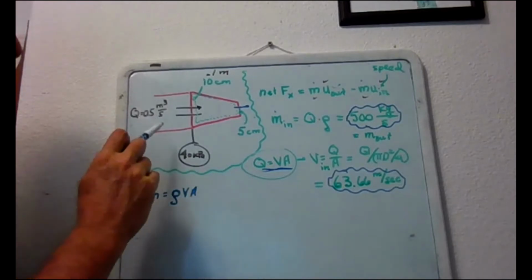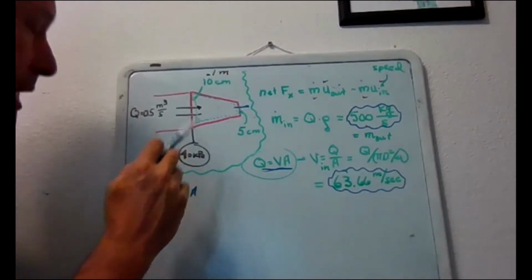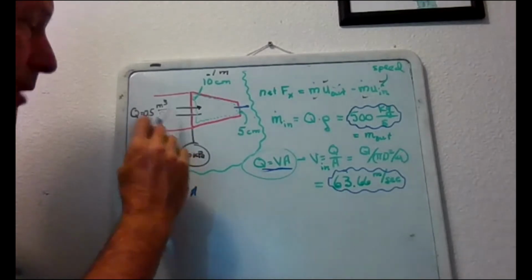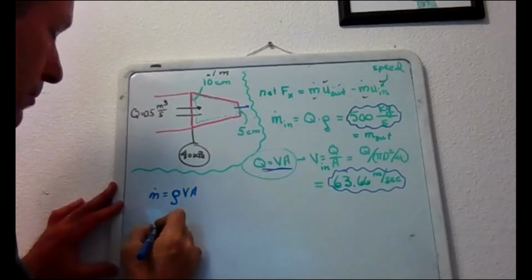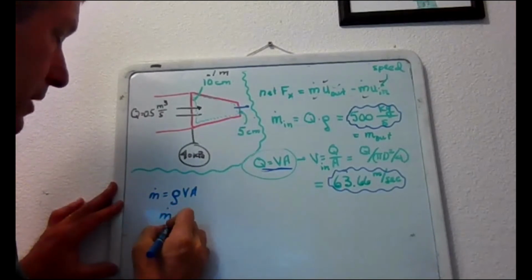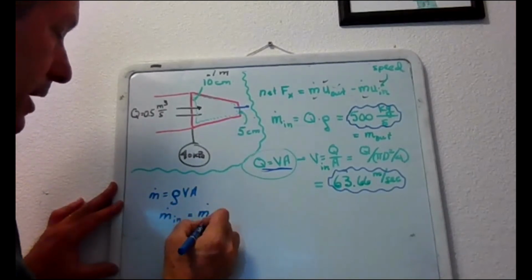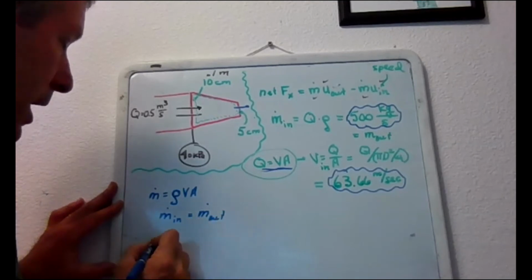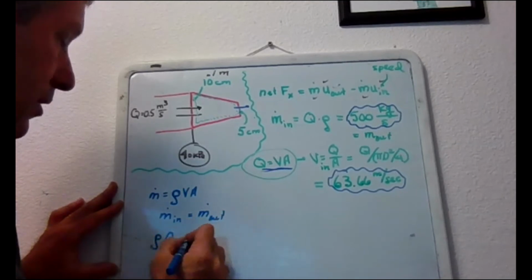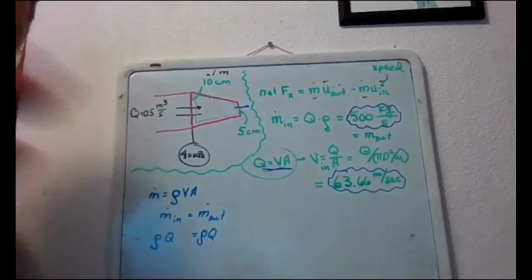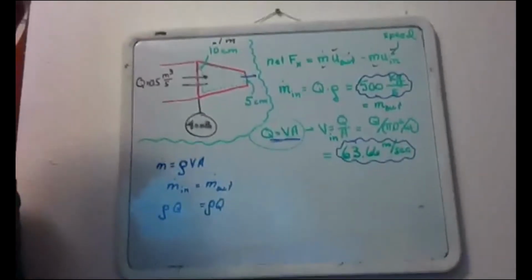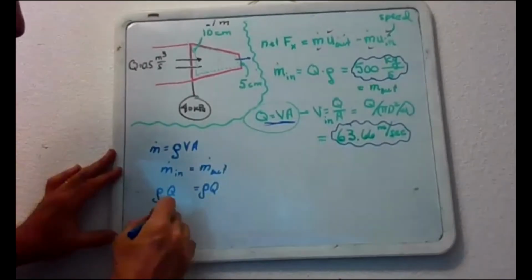Water is incompressible, so that means that it's going to be true that the mass flow rate in and the mass flow rate out are going to be the same. So basically m dot in is equal to m dot out. M dot is density times volume flow. If those densities are the same, then these Q's are the same.